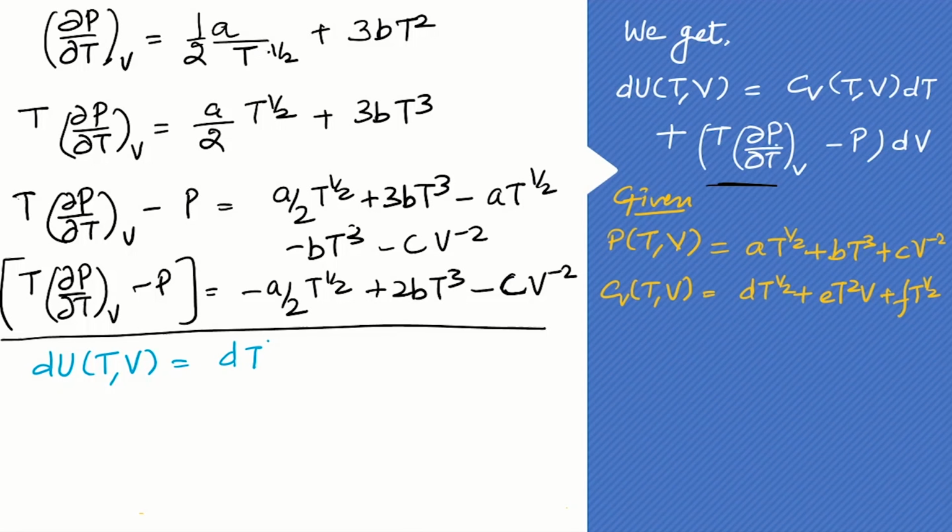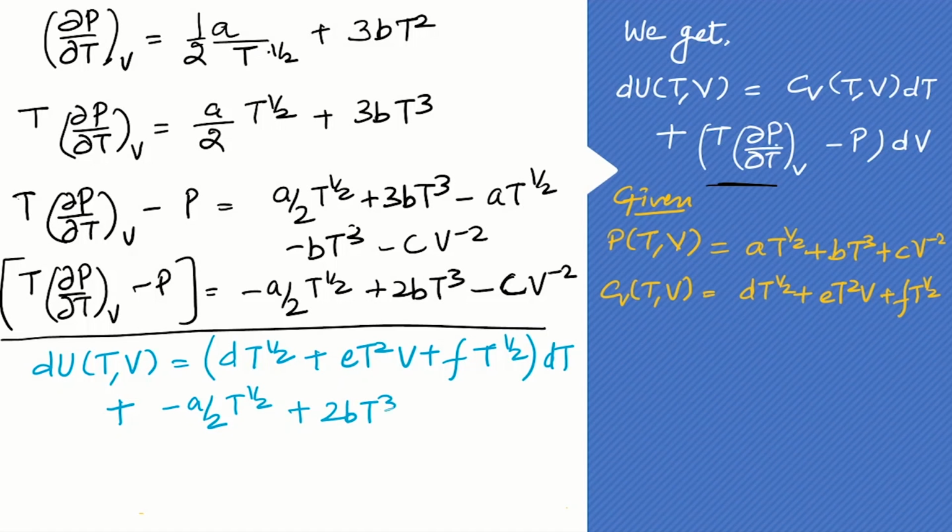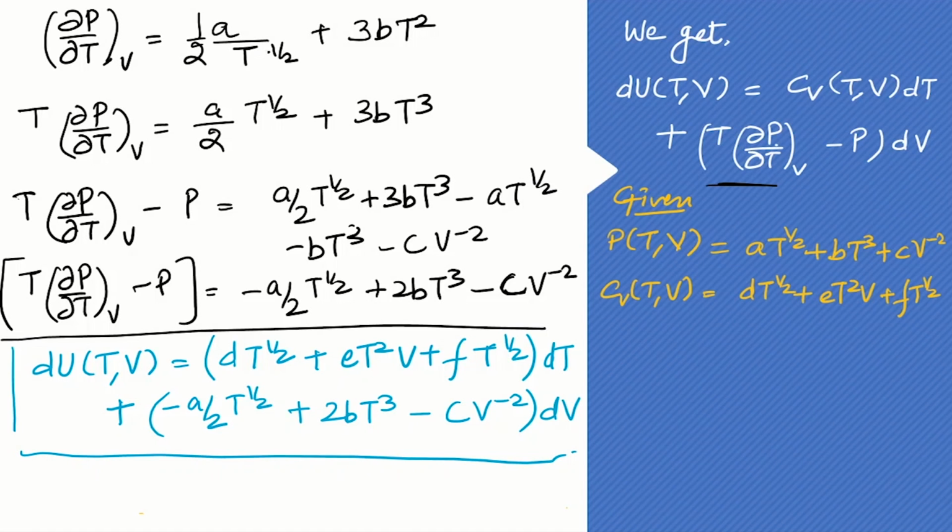This is (D T^(1/2) plus E T^2 V plus F T^(1/2)) dT, and the second term is (minus (A/2) T^(1/2) plus 2B T^3 minus C V^(-2)) dV. So this is our expression for internal energy differential in terms of dT and dV. So this is the solution for our third question.